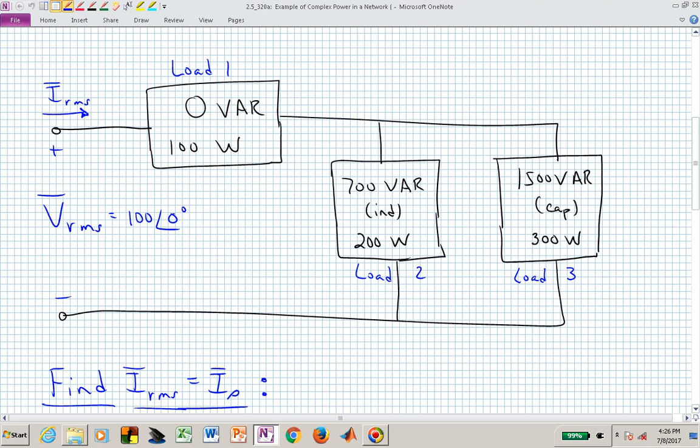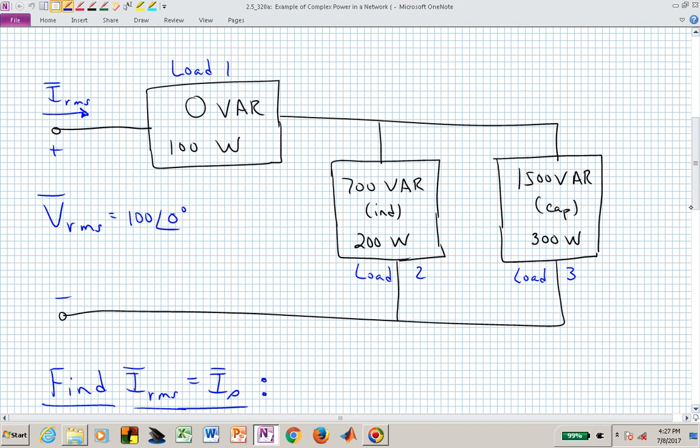You have a couple of loads in parallel and then a series load feeding those 2 parallel loads, but at the source side of this network you have an RMS voltage of 100 volts at an angle of 0 degrees. So our voltage is the reference phasor in this case. Let's see if we can find this RMS current.